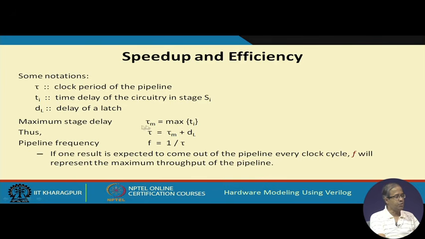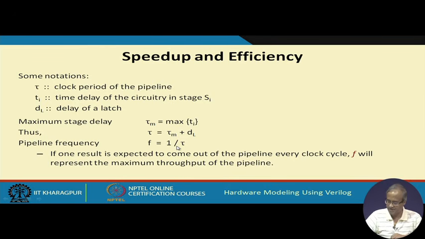So, we will have to look at which stage is the slowest. We find the maximum of Ti, call it tau m, and tau m plus the latch delay will be the clock period of the pipeline. The clock period cannot be less than this, and the pipeline frequency has to be the reciprocal of that.